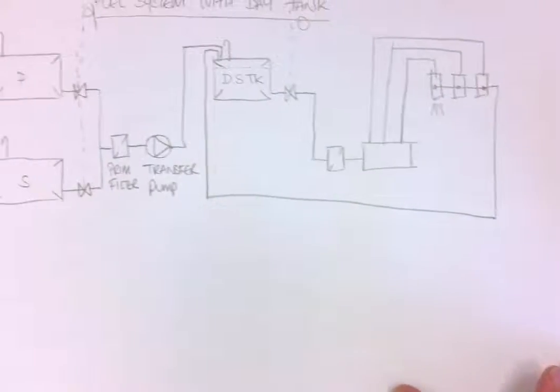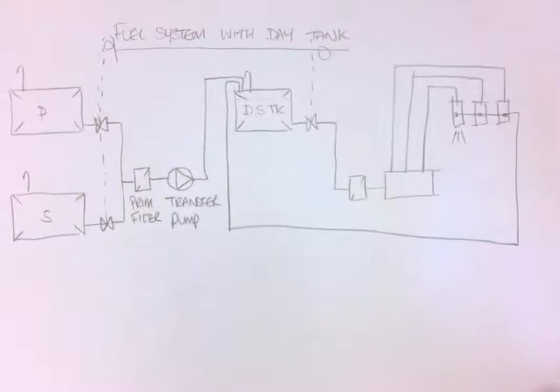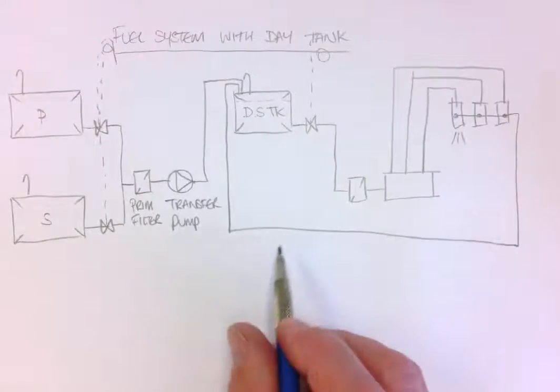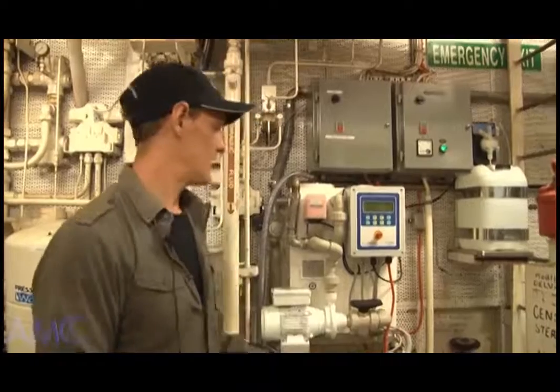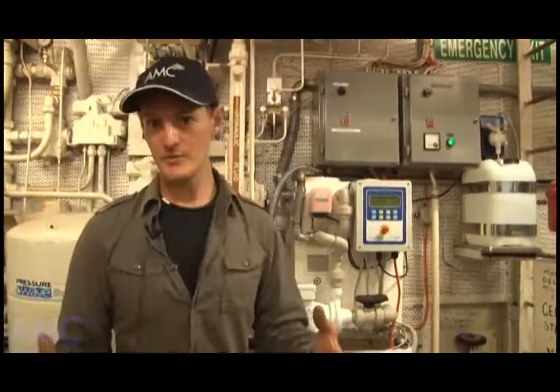So you need to be familiar with a system, or be able to sketch a system for orals and for our AMC exams. We've got two bunker tanks, our port and starboard fuel oil bunker tank, our fuel oil storage tanks, and they're both double bottom tanks, so they form part of the hull.